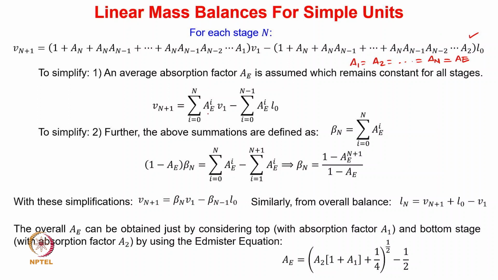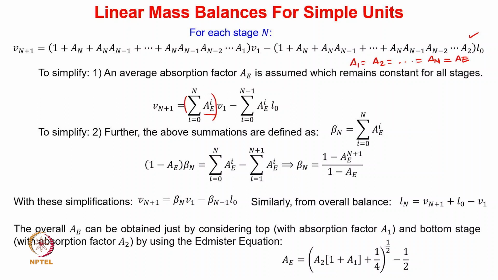So you can see that we have written this entire term as AE raised to the power I into V1, isn't it? So this particular term is nothing but, at every stage you can see that the I is coming in the power.